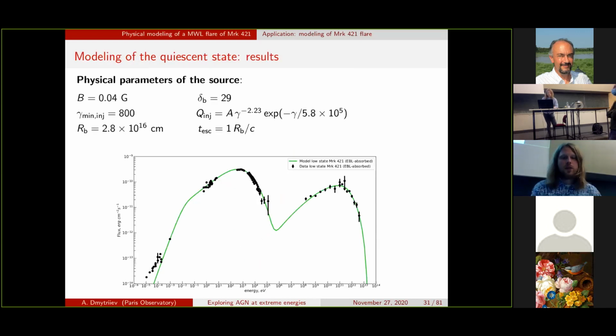And in this plot, if we believe the emission starting from 10 to minus 3 eV, where 1 eV is optical, that would be 10 to 15 minus 3, so 10 to 12 hertz.